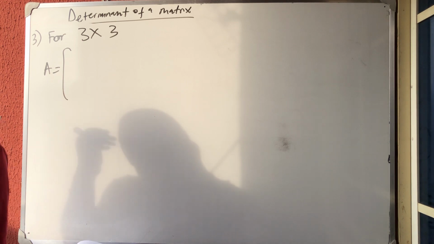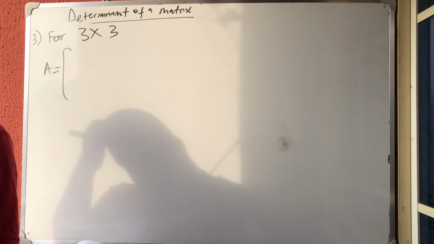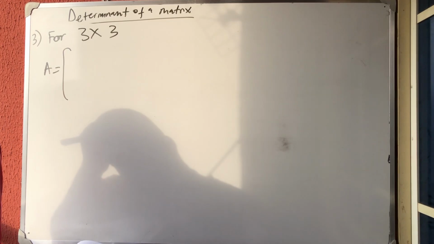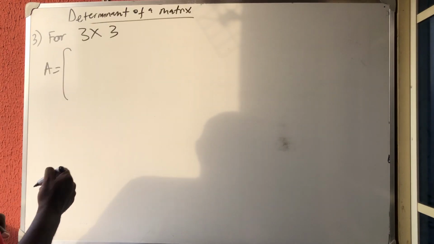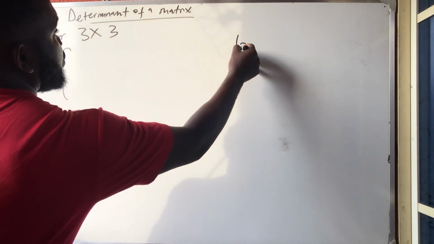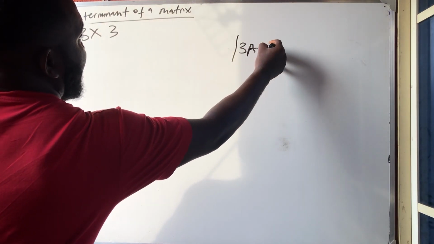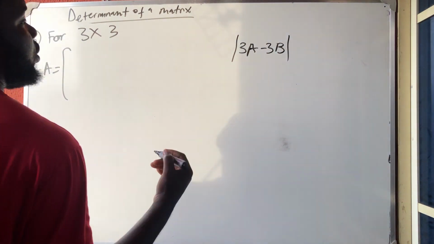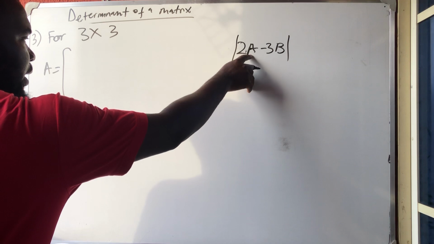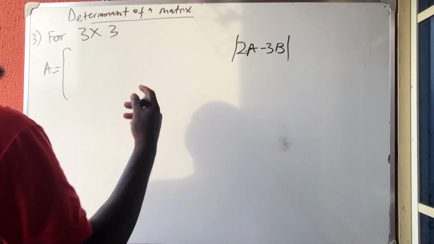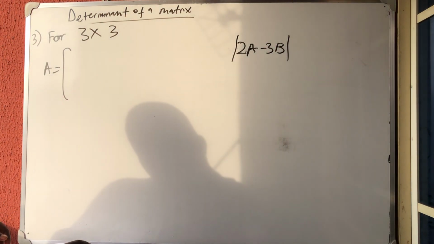For 3 by 3 matrix, in fact they can ask you to find the determinant of 2A minus 3B. I hope you know. First of all you have to find that 2A minus 3B, then get the determinant. It's not difficult.